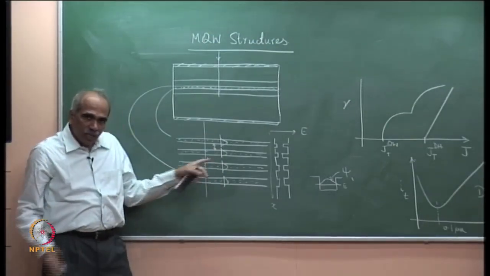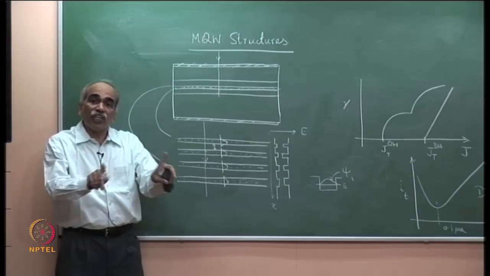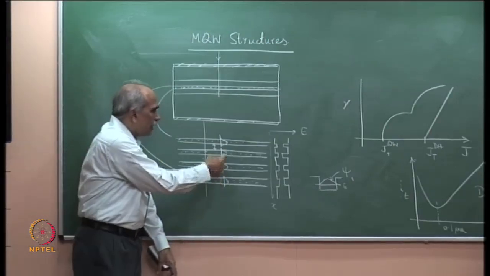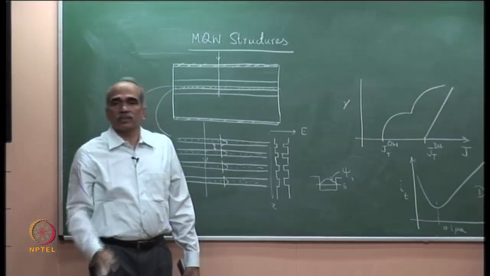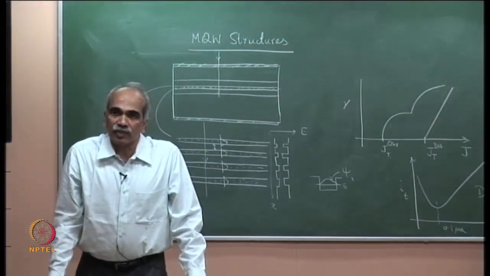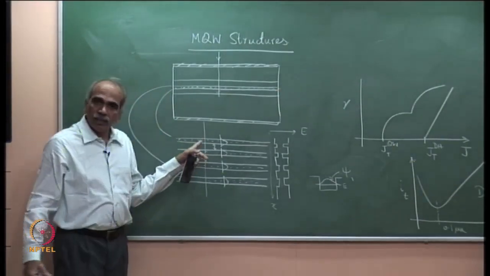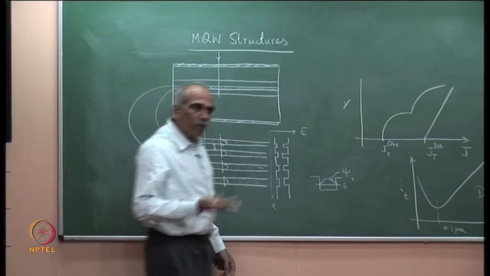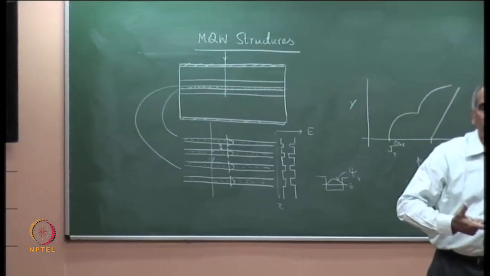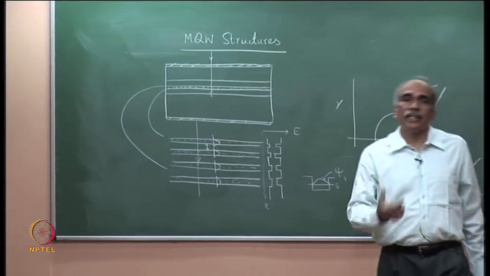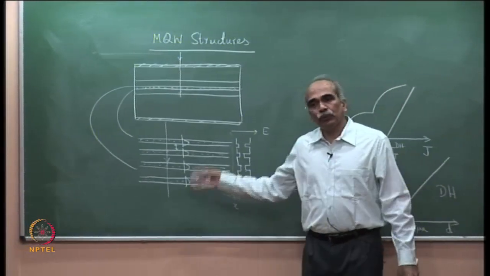If the barriers are sufficiently wide, then there is no interaction between the wells, and this is called a quantum well structure. A multiple quantum well structure, an MQW structure, comprises of several quantum wells which are identical but non-interacting, identical wells. Why do we use this?